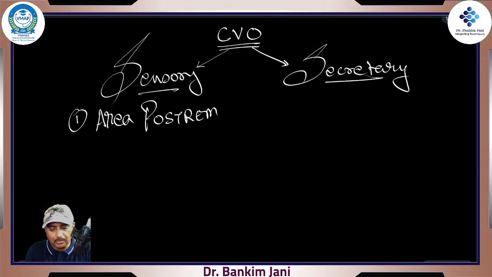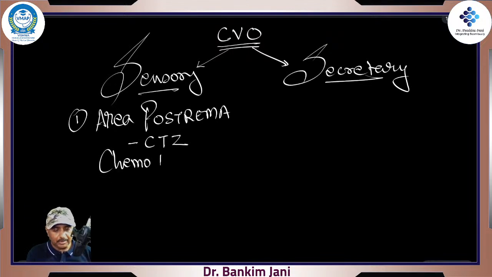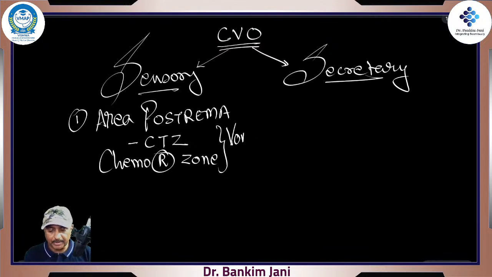What will it do? This is the center of vomiting, and it is called the CPZ, that is chemoreceptor zone. This is the chemoreceptor zone, and it is a vomiting center.